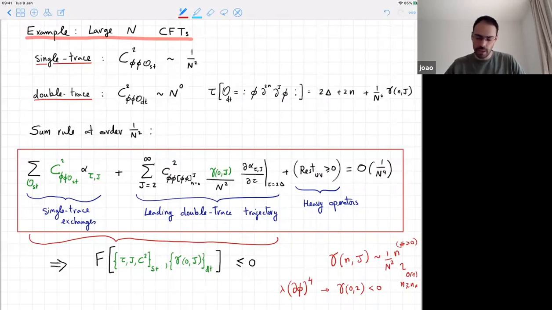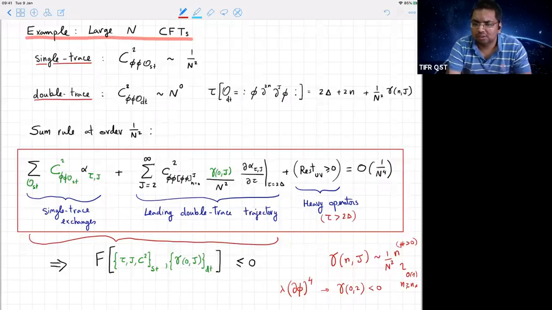I think here for our functional, it had to be above 2 delta, right? If you have heavy but twist is less than 2 delta, then the functional will be negative. So by heavy, I mean twist bigger than 2 delta for sure. But physically, there could be some heavy operators with low twist also, right? Which would then compensate this stuff.